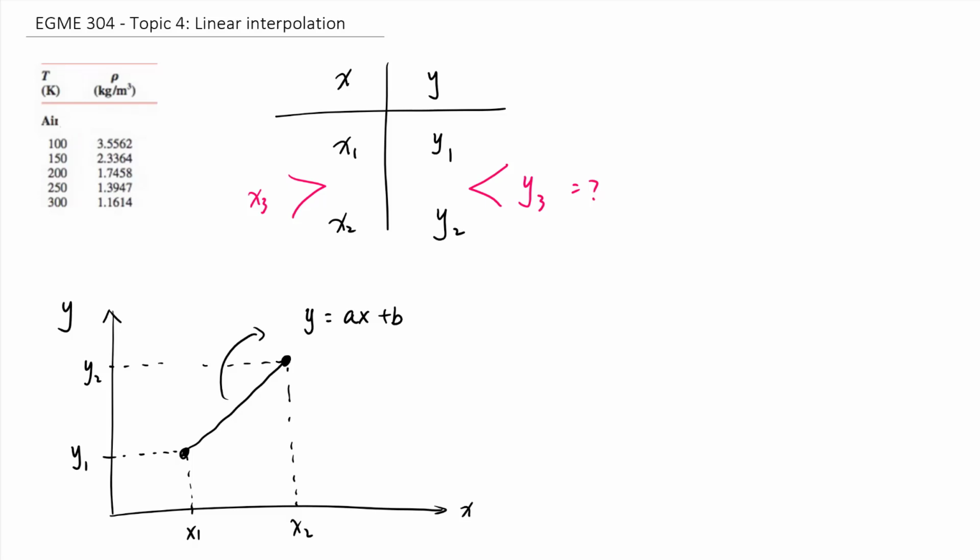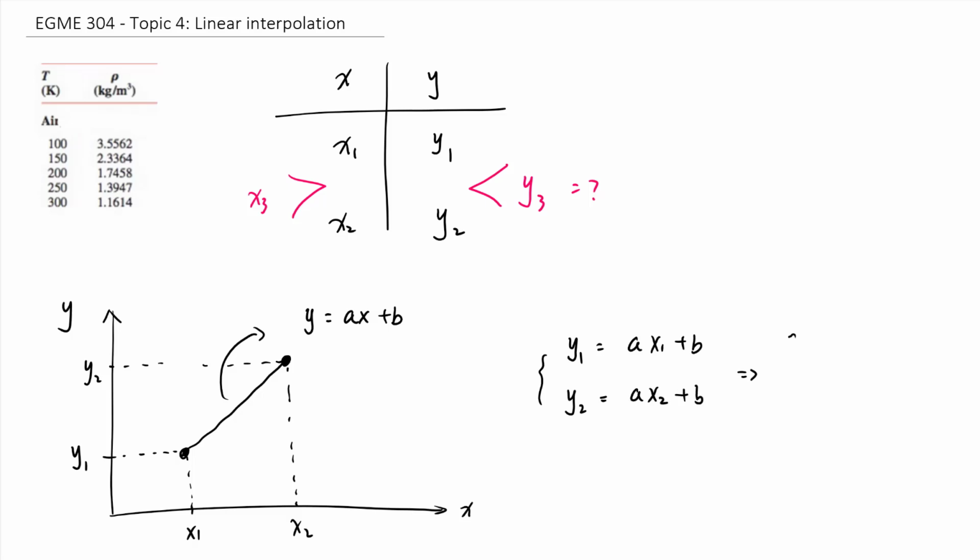Next, we just need to find out what is the value of a and b by plugging in the two given data points. The first one being y1 and x being x1, and the second data point has a y coordinate of y2, x coordinate of x2.